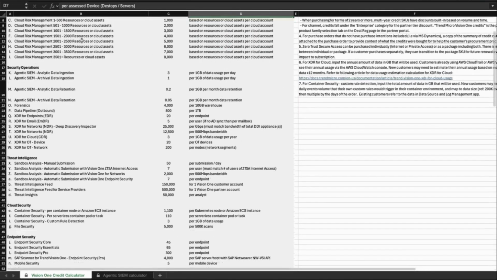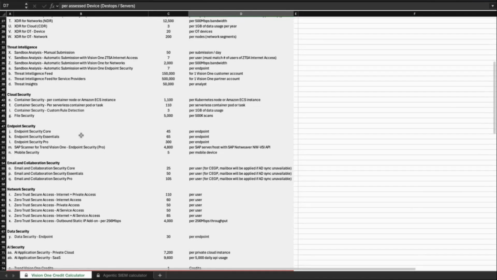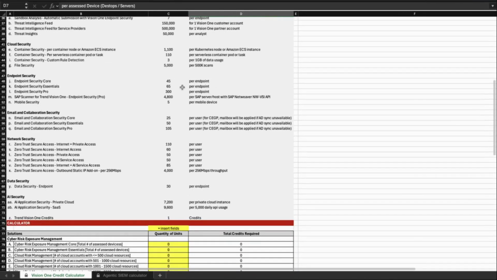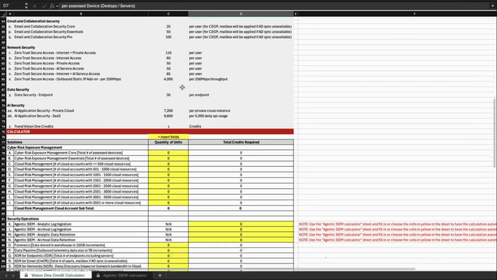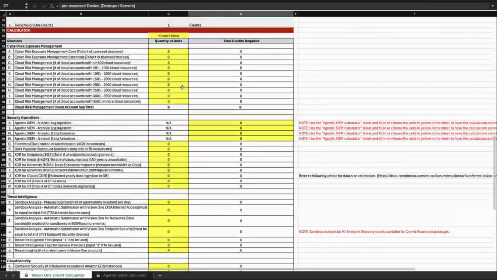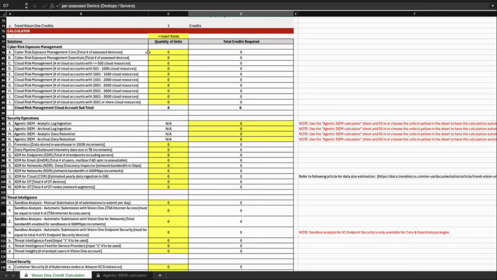Now, this goes on for every variable within Vision One, every feature within Vision One, but you do not have to do the math yourself. We call it a calculator for a reason. As you scroll down, this is an editable spreadsheet for you to use as that calculator. So I gave that example, 50 devices of CREM Essentials, that equals 2,500 credits.